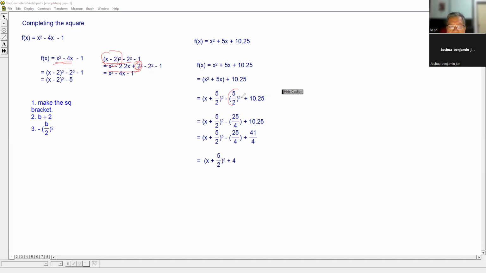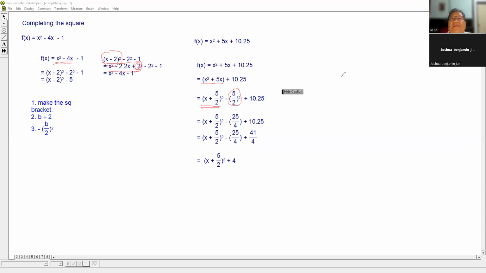Here, I also minus 5 over 2 squared, because when I expand this, I will get a positive 5 over 2 squared there. So I have to minus the 5 over 2 squared to get back exactly 5x. Otherwise, I would have an extra term. So this is to get rid of the extra term from the bracket. So it is always minus.